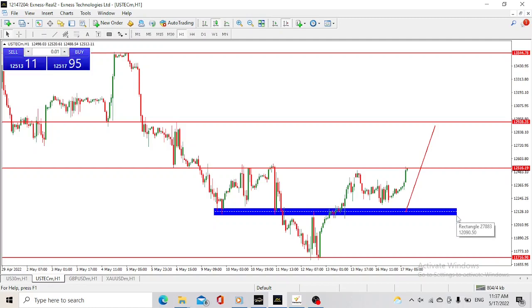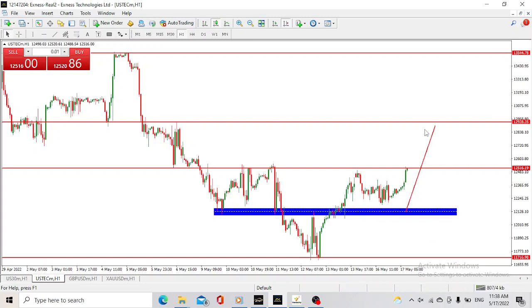The market broke this support zone, came back, retested it, did a market pattern which is your double bottom, and shot to the upside, came back and retested the zone to continue to the upside.